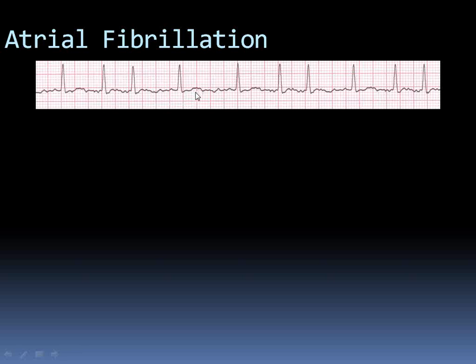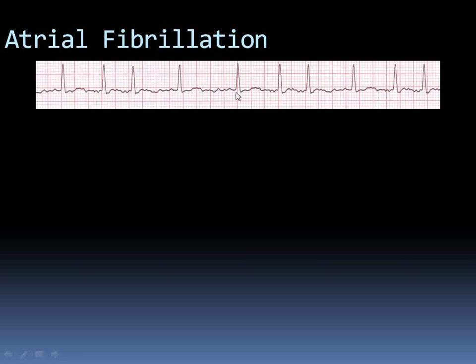This baseline is extremely wavy, and if you want to call these P waves, you will see 1, 2, 3, 4, 5, 6, 7, 8, 9, 10. There are like 10 P waves before QRS. That is not normal, right? This is just a wavy baseline which is consistent with atrial fibrillation.